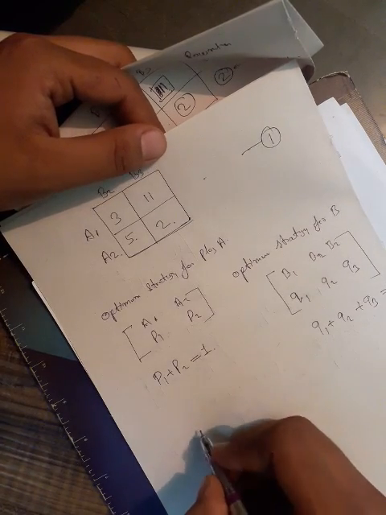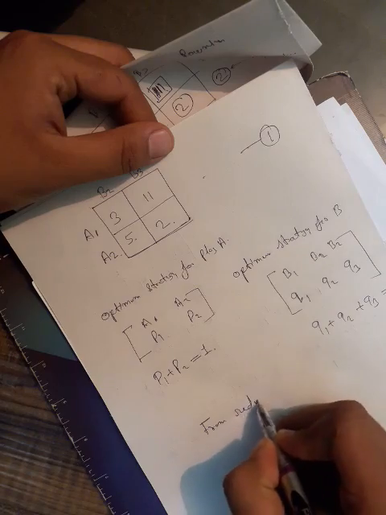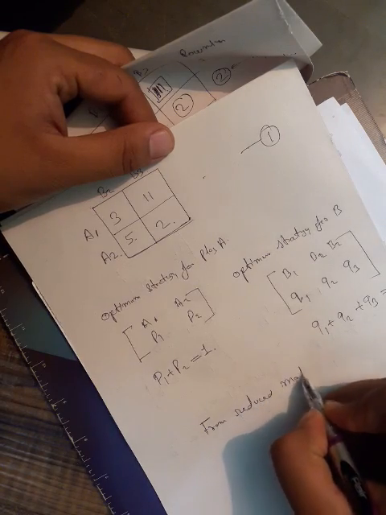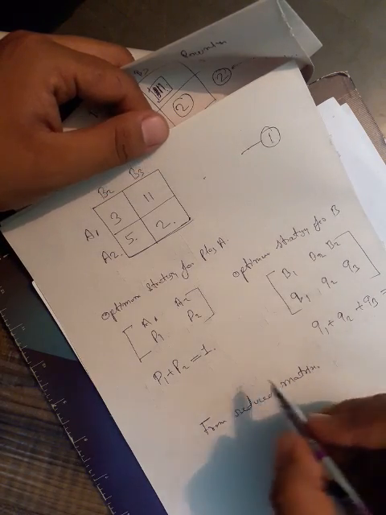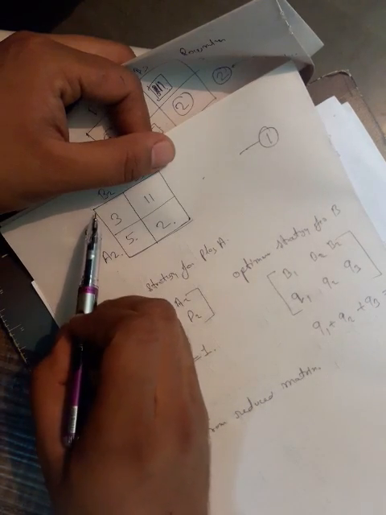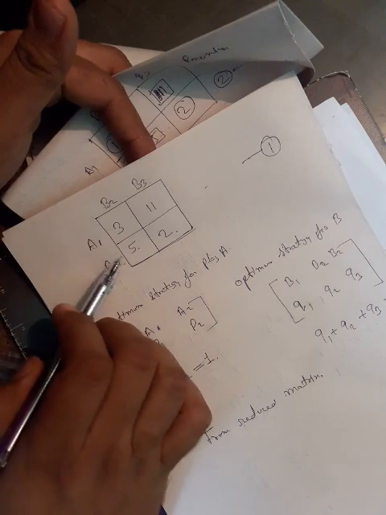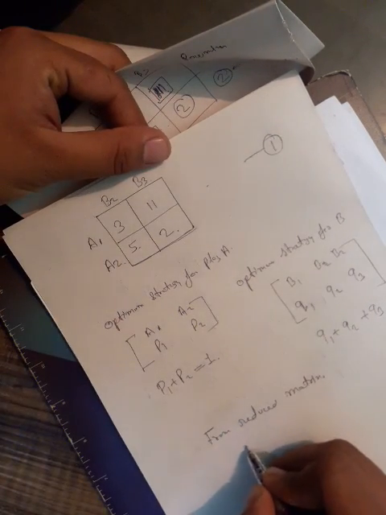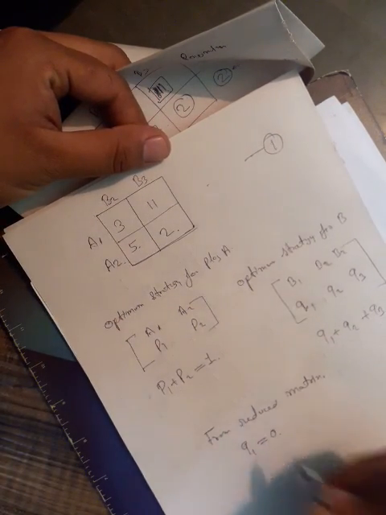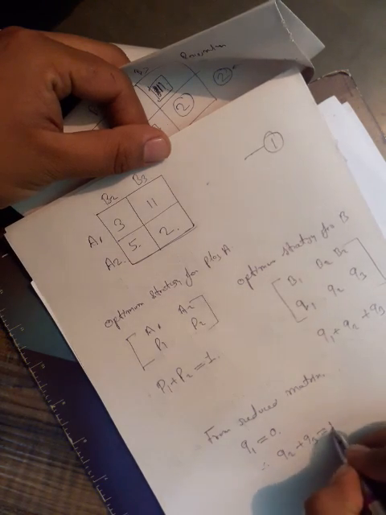Now from the reduced matrix, Q1 is 0 here. For B1 there is no optimum strategy, therefore Q1 equals 0. Therefore Q2 plus Q3 equals 1.